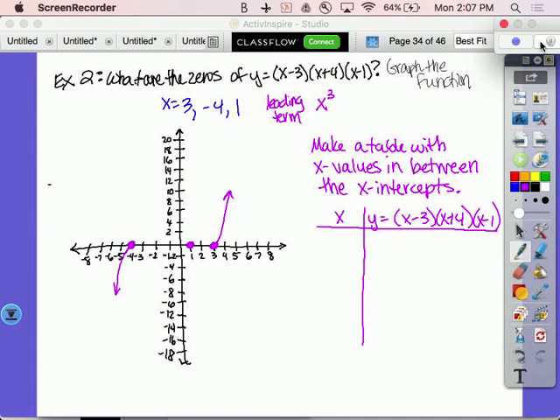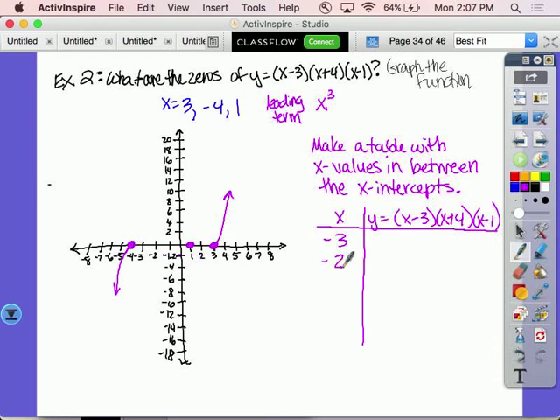Okay, so our values in between the x-intercepts are going to be -3, -2, -1, 0, and then 2.